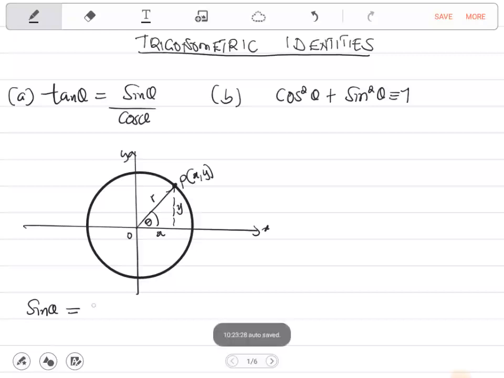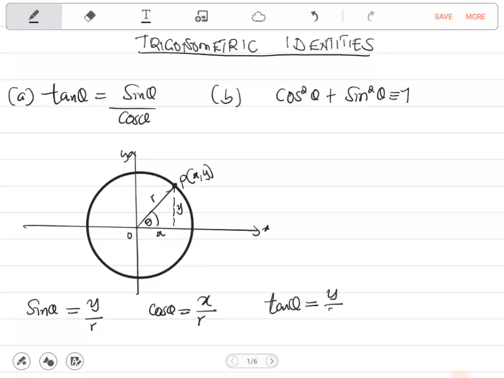So sine theta is y over r, and cos theta is adjacent, which is x, over r. And we know that tan theta is opposite, which is y, over x.